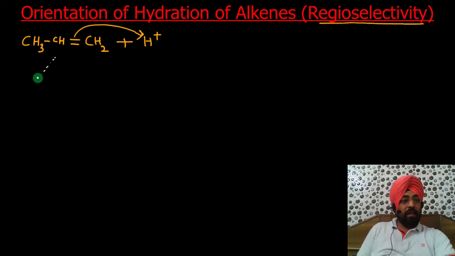There are two possibilities. The first possibility is, suppose it is carbon 1, it is carbon 2. The first possibility is this H positive, it gets attached to carbon 2 and positive charge it comes on carbon 1. So we can write CH3, CH positive, CH3.